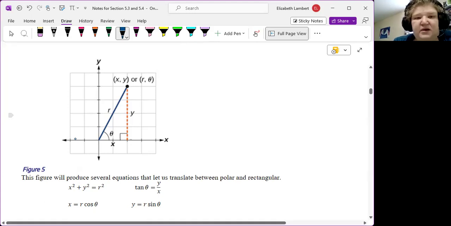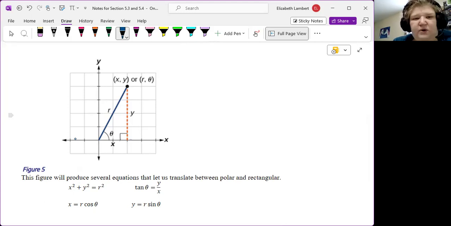In an xy system, I count over x and up y. So now we have this r theta set up, but we also have this right triangle that showed up. So Pythagorean theorem, I can see x squared plus y squared is r squared. I can also see that the tangent of theta is y over x.